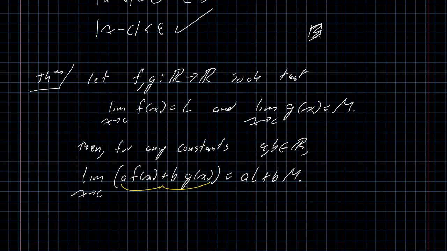And I'm claiming that that's the linear combination of the limits of each function on their own. This is a property called linearity. And things that have linearity are incredibly useful, and things that don't have linearity make you want to cry.